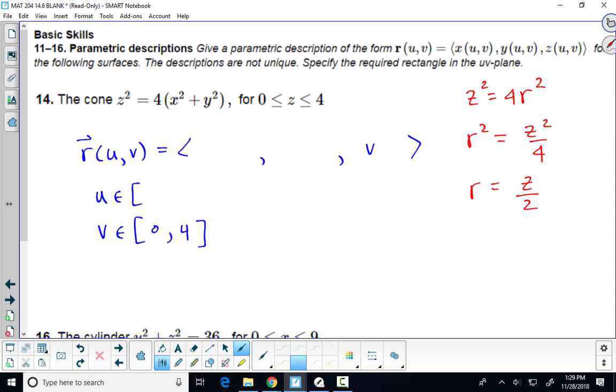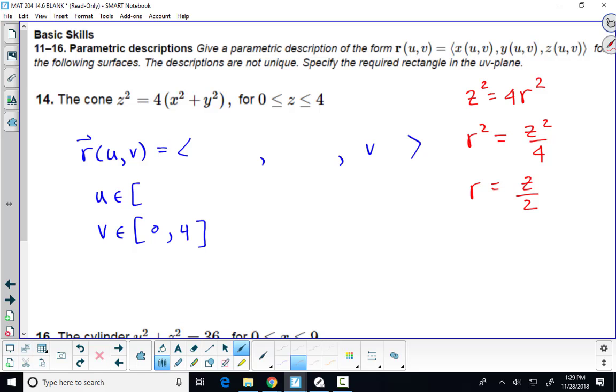Yeah, horizontal cross section. Because we're thinking of it as a function, like the upper part of the cone. So cross sections are circles, and the radius of each of those circles is related to the height.